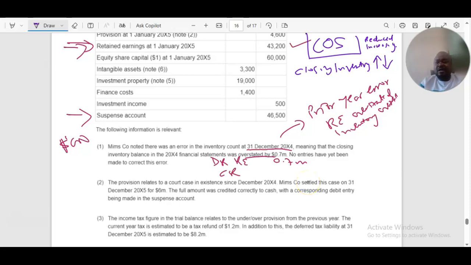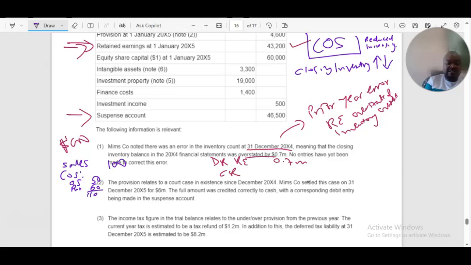I'm looking for a space so that I squeeze my figures so that maybe we can come to some agreed position. Let us think of hypothetical figures. Let's say our sales are $100, and cost of sales is made up of opening stock, let's say 50, add purchases of 60, and we get 110.